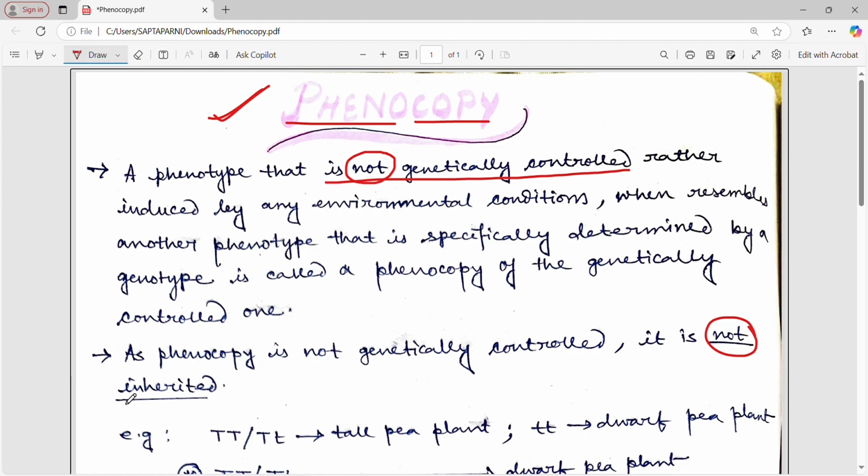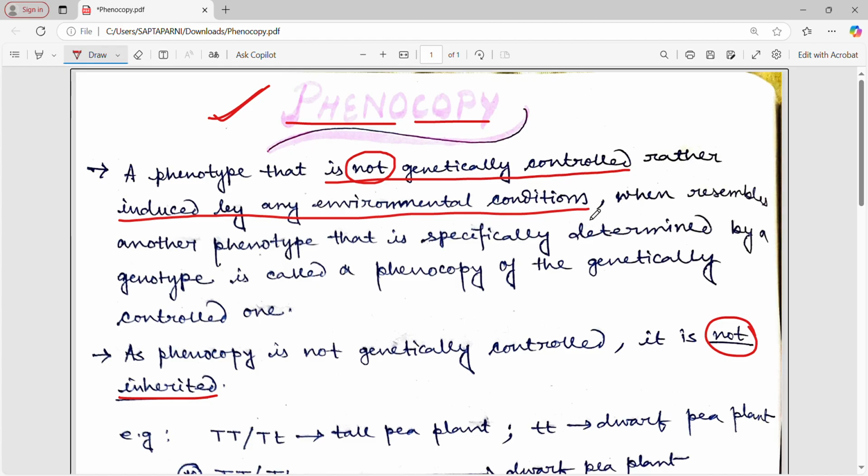Rather, it is induced by an environmental condition.